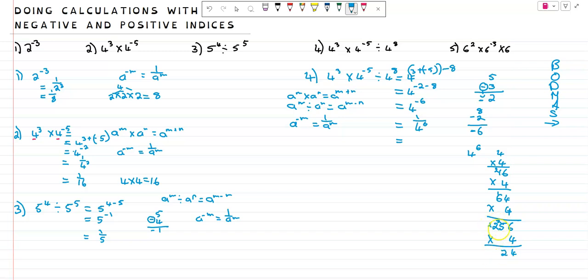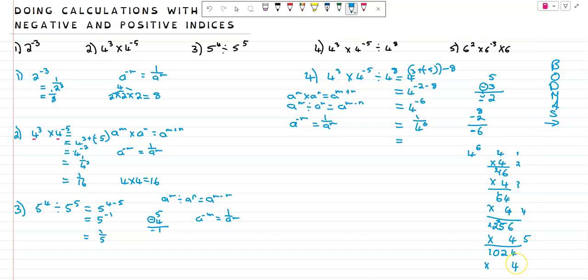Carry the 2. 4 times 2 gives us 8, plus 2 gives us 10. Okay, we're now five 4s in, one more. Times 4. Oh, sorry, hold on. Mathematical mistake there.